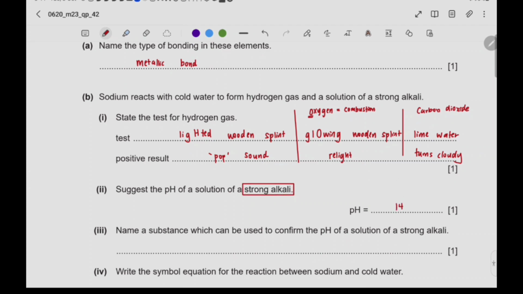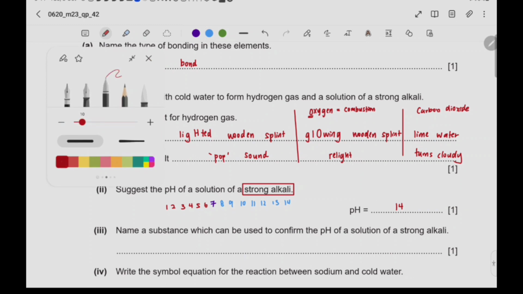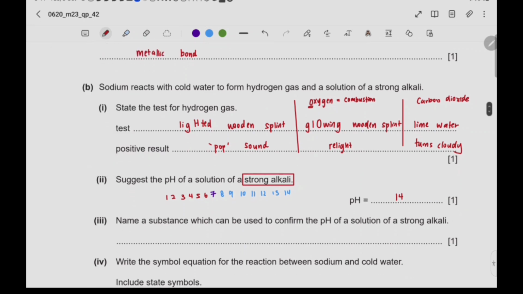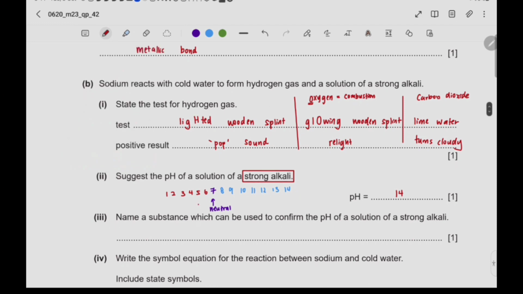I'm afraid that some of you still don't know. We have 1, 2, 3, 4, 5, 6, 7. I like to put this 7 here, and 8, 9, 10, 11, 12, 13, 14. Actually, we have 14 pH numbers. Yeah, a lot of people don't know. Since 7 is the neutral, I like to do it this way. Okay, this is neutral. So those that are near to neutral are weak.